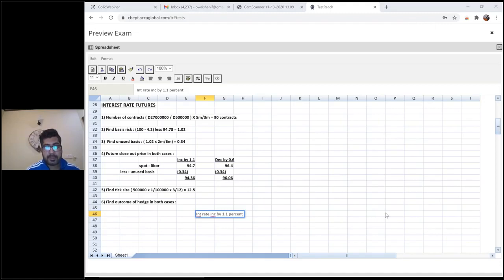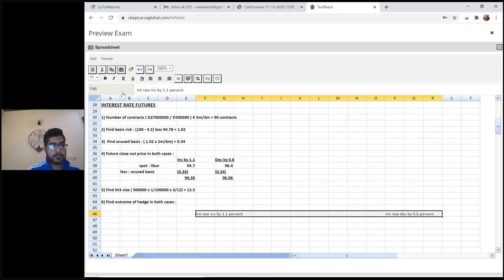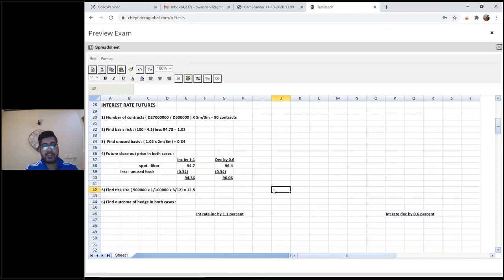And the second case is interest rate decrease by 0.6%. You need to find the outcome of hedge in both cases. Interest rates increased by 1.1, interest rates decreased by 0.6%.